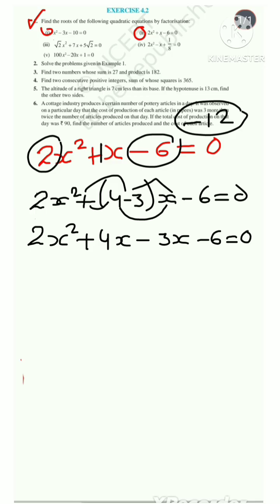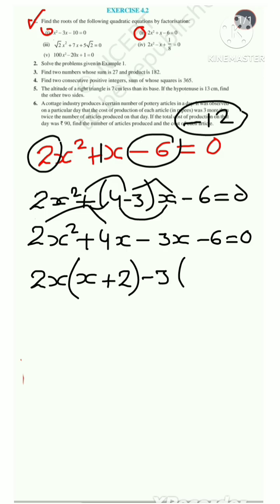Now from this pair we can take out 2x as a common, then here remains x plus 2, and this minus, and here also 3 can be taken out as a common, so here remains x plus 2, equal to 0.